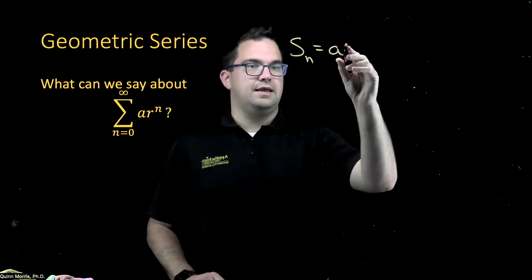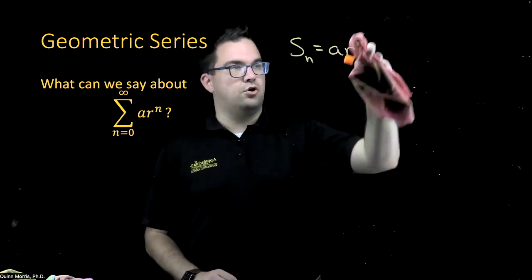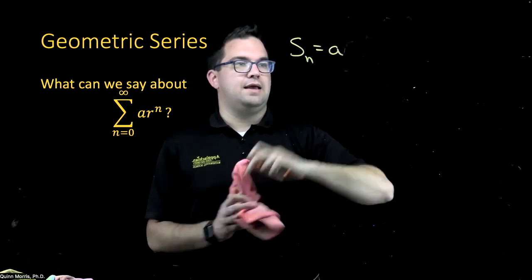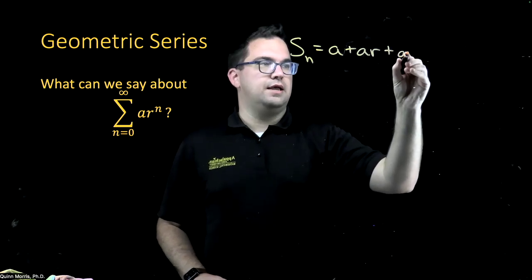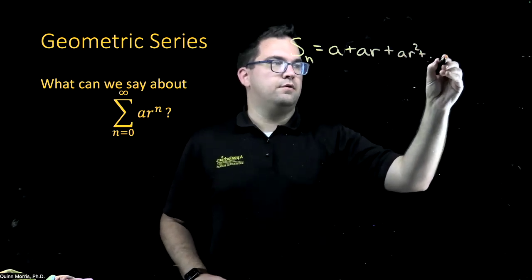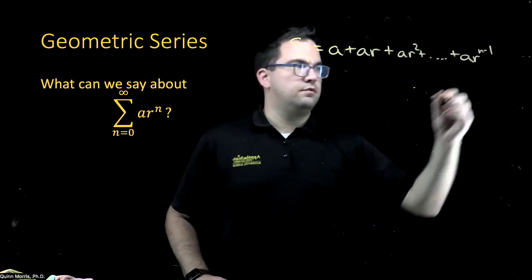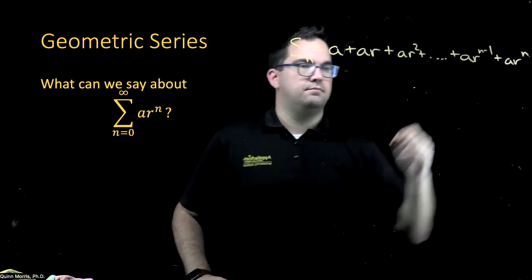So this would be a times r to the 0. r to the 0 is just 1, so that would be a plus ar plus ar squared plus, say, ar to the n minus 1 plus ar to the n.